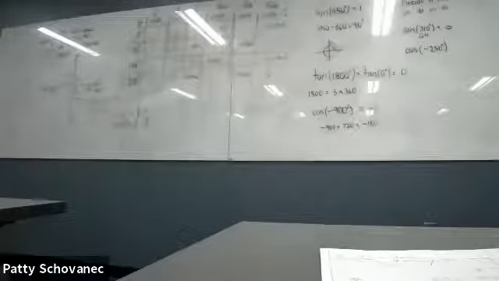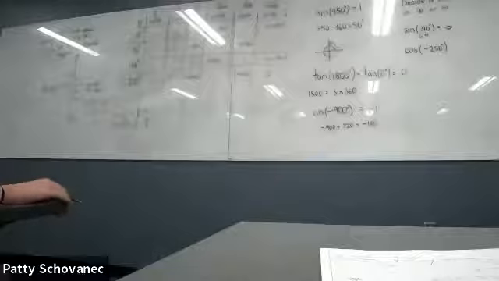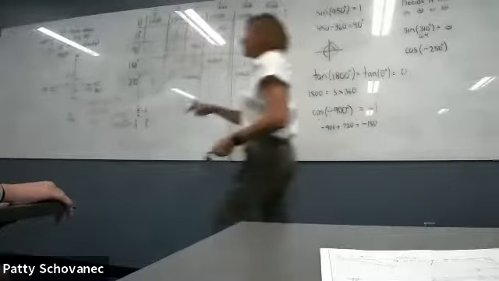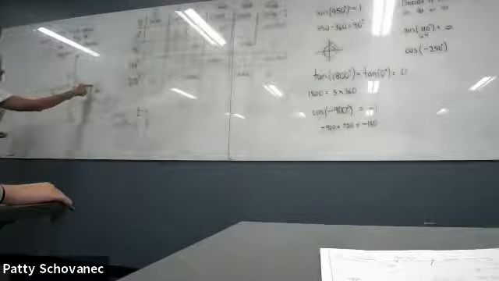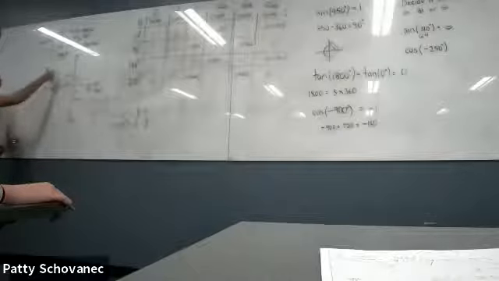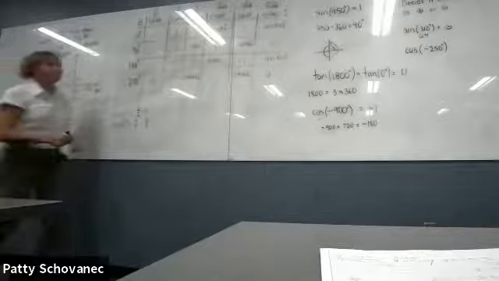Can you tell me what quadrant an angle of measure negative 250 would be? You're right, it is 2. So negative 90, negative 180, negative 270. So negative 250 is going to be quadrant 2.